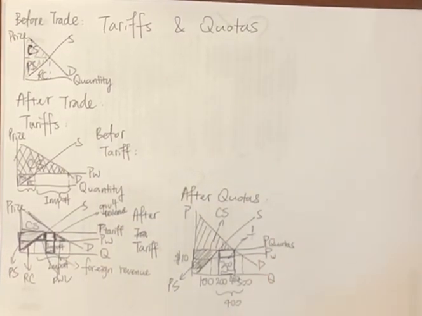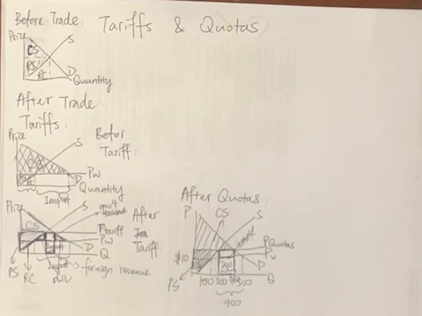Actually, I don't think the AP test will be testing you on which part corresponds to which. Definitely you should know where the consumer surplus and the producer surplus are, but I don't think they will test you very much on quotas. The tariff graph is the most important graph that you have to know and be able to draw.